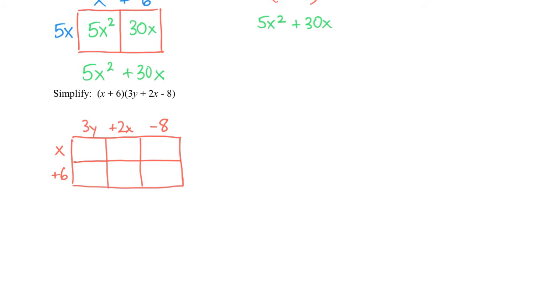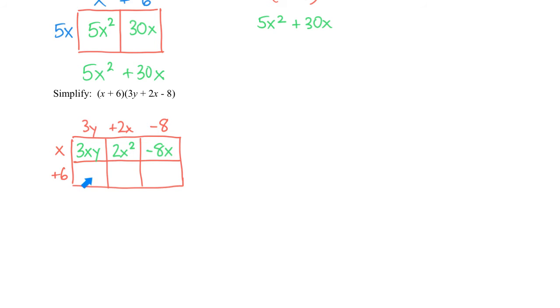Okay, now what I have is 6 individual rectangles, and I want to multiply whatever's over here times whatever's up here in order to fill in my rectangle. So our first box here is going to be x times 3y, and we can just write that as 3xy. And then my next rectangle is going to be 2x times x. We now know that is 2x squared. My next rectangle is negative 8 times x. That's negative 8x.